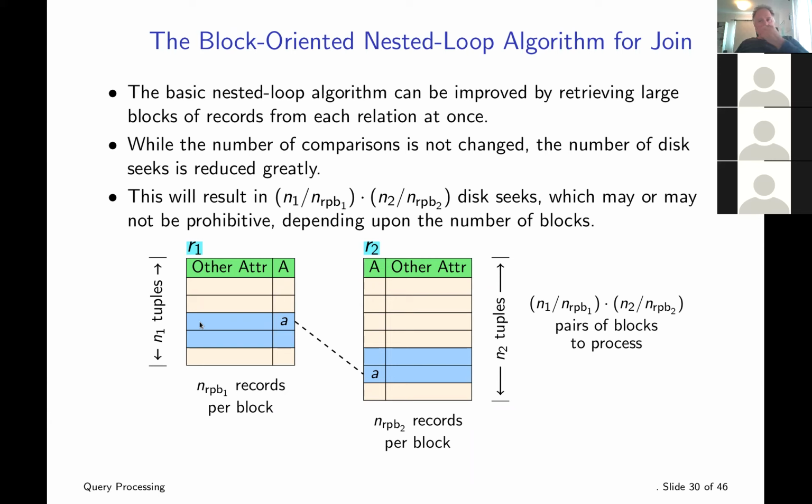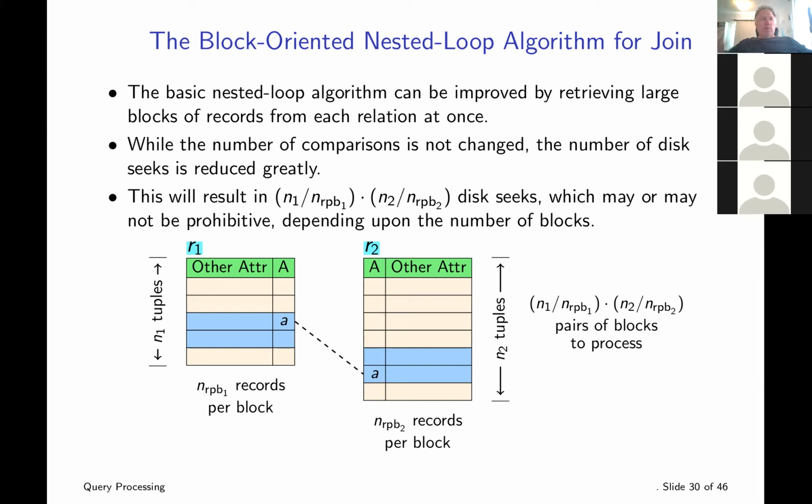The way we calculate the join is we take the first block and all the tuples in that block of R1, and then we take the first block of R2 and all the tuples in those blocks, and we do a join. We match them together if they have the equivalent value on attribute A, and then we append that into some kind of result set.